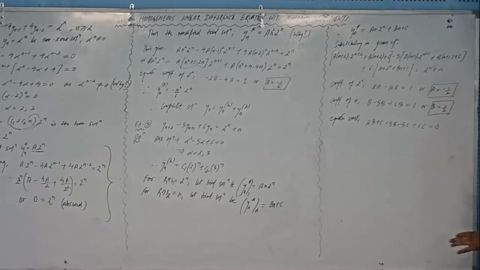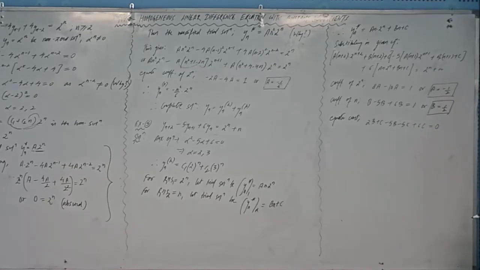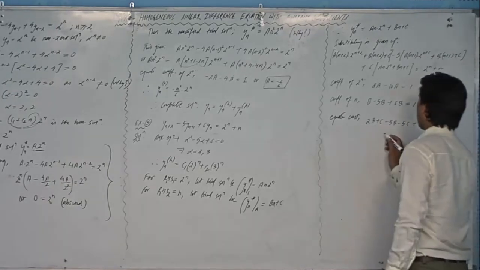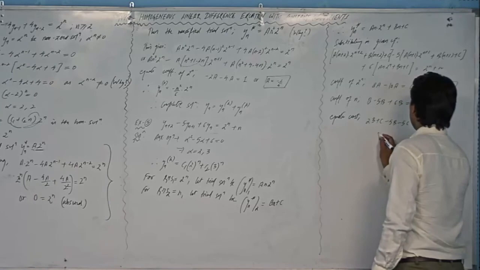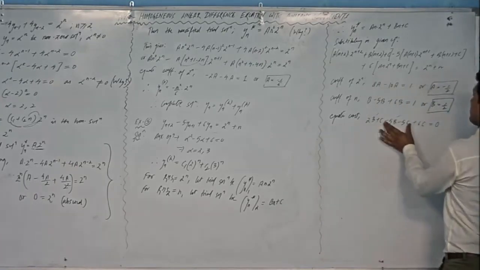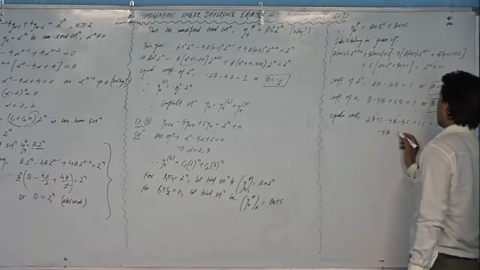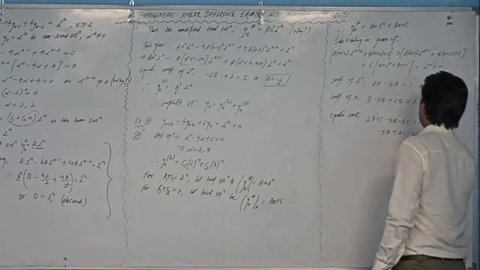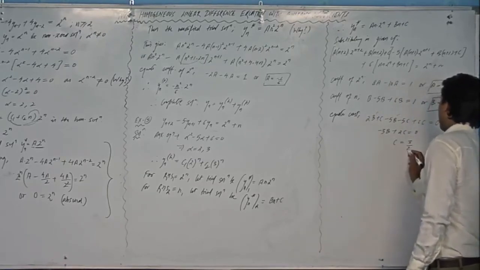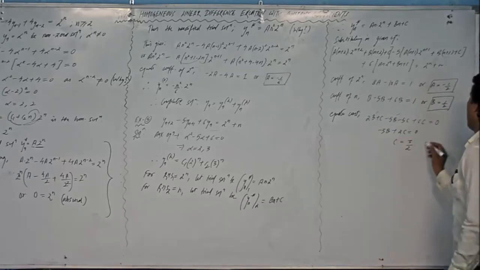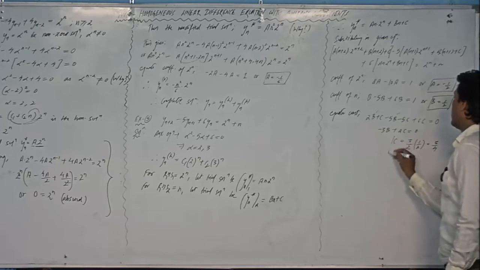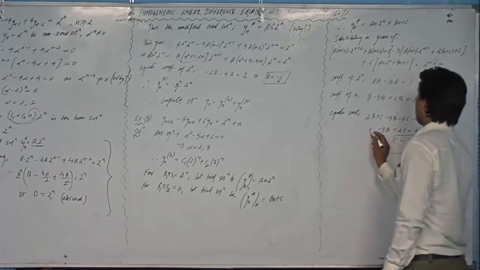Now I put in these values: 2b minus 5b is minus 3b, and c terms give 7c minus 5c, plus 2c equal to 0, and that will produce c equal to 3 by 2 times b, and what is the value of b? 1 by 2. So ultimately that will be equal to 3 by 4. So the value of c is 3 by 4.